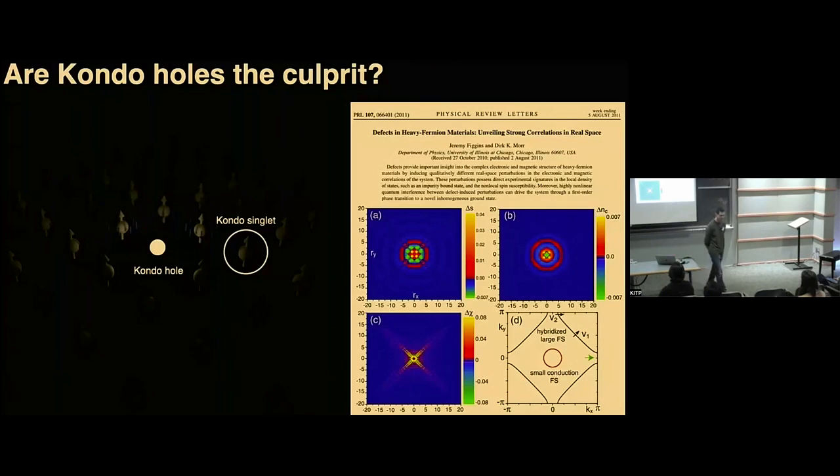Our specific motivation for this study was an older paper from Dirk Morr's group, where they looked at a defect called a Kondo hole. A Kondo hole is just what happens when you remove one of the f moments from an otherwise compensated Kondo lattice. And in that case, what they found is that you get oscillations around the Kondo hole in the conduction electron density, in the hybridization strength, and in the magnetic susceptibility, and that those responses reflect the properties of the conduction band.